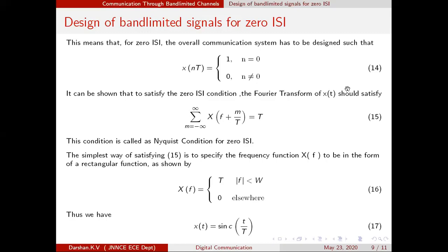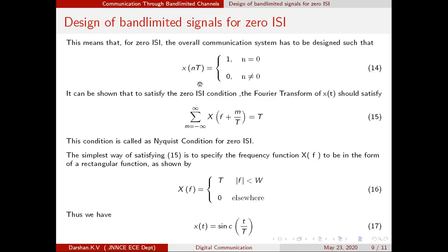That is, for equation number 14, which is for 0 ISI, the Fourier transform of x of t should satisfy this particular condition. If both equations 14 and 15 are satisfied, then we can achieve 0 ISI.